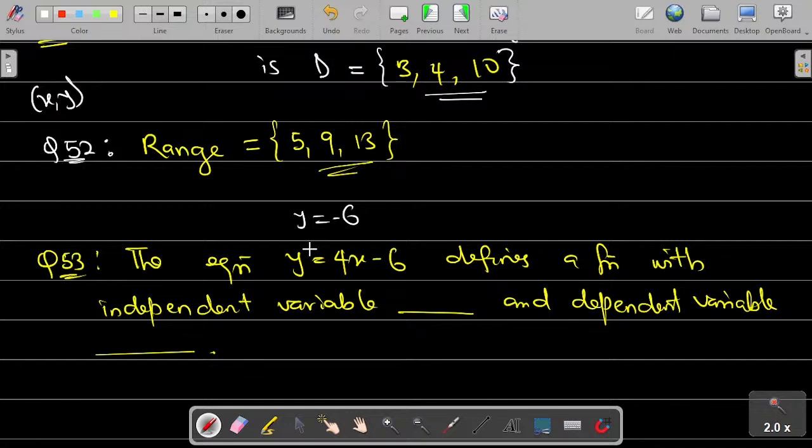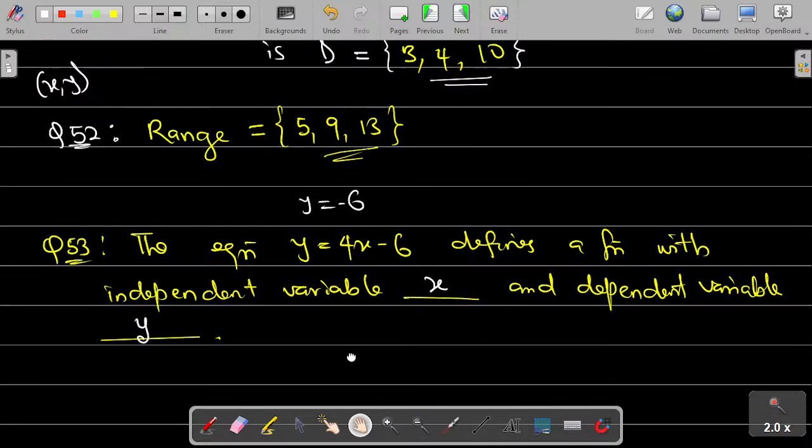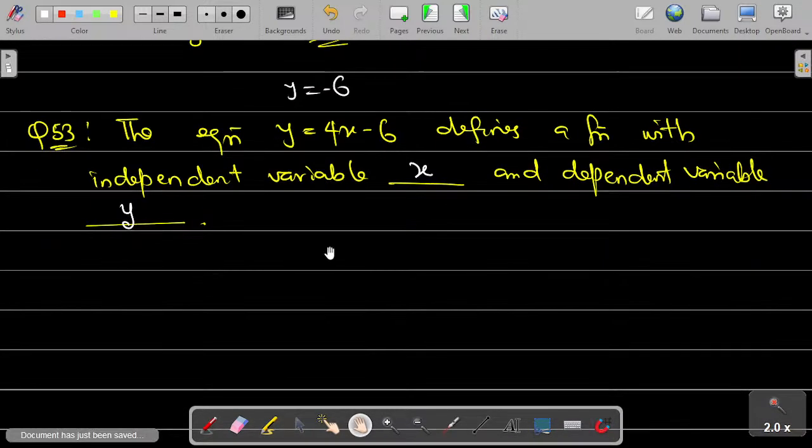So my x is the independent variable, while my y is the dependent variable. That's all they want you to do in number 53, so you are done. Just fill in there with x and then y.